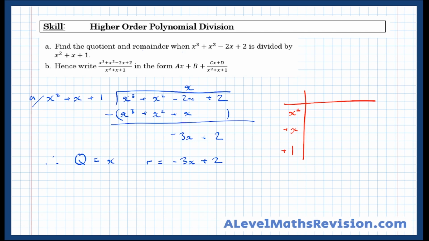So inside the grid goes this here. So x cubed goes there, and what needs to go here to make the multiplication grid work? Well, x squared times x gives us x cubed, and fill in this column. So we've got x squared there, x times x, then x times positive 1 is x, and x cubed's done now, so we'll tick that off.